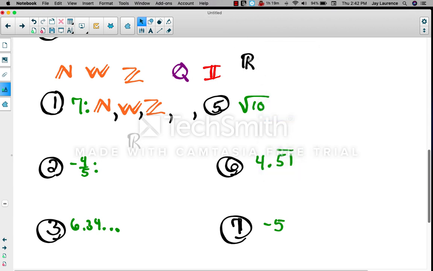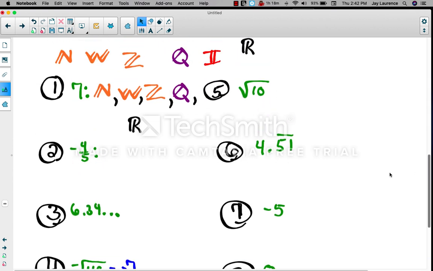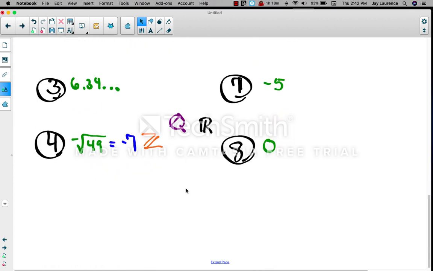So put the reals back, put the rationals back. All right, so I said 7 had to be an integer, and I did have it. No, I didn't have it marked yet, so I'm going to grab a Z. I'll do this with my mouse pad. Oops. There we go. So it's an integer. It is rational. And of course, it is a real number.